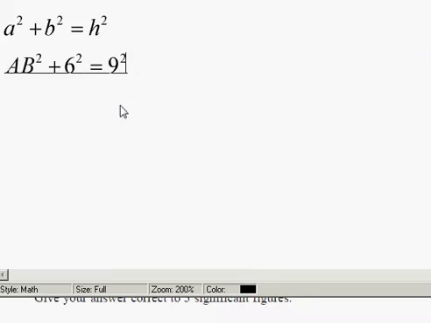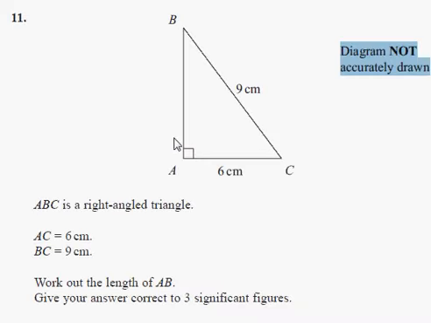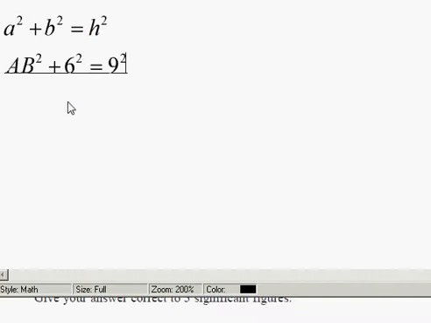I don't know how long the side AB is right now, but I do know that AB squared plus 6 squared equals 9 squared. To find out my final answer, I want it to be something like this: AB equals and then some number. To do that, I need to get AB by itself.